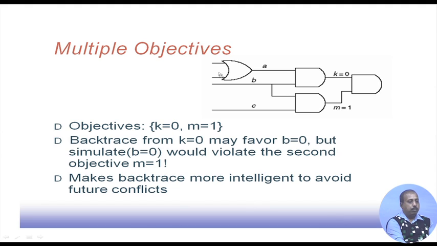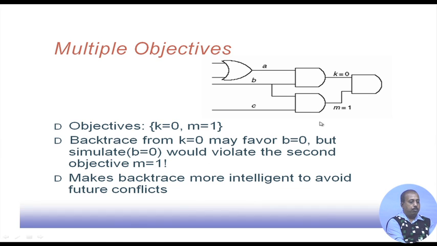But suppose the algorithm picks the b input first and justifies k equal to 0 by setting b equal to 0. When we simulate b equal to 0, we see that m becomes equal to 0. So that gives rise to a conflict; it violates the second objective m equal to 1.